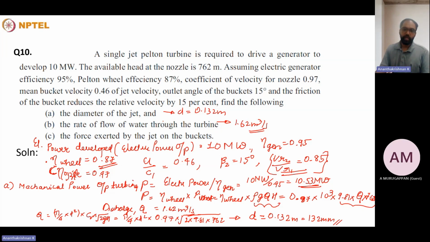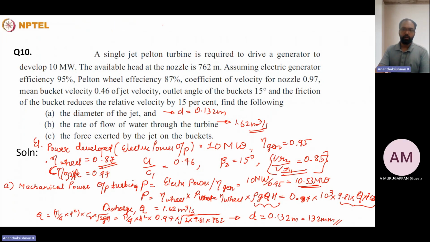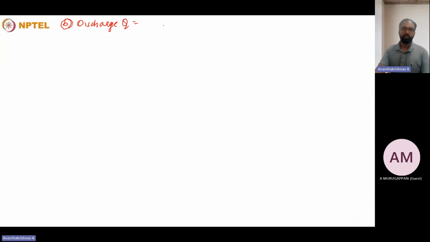For that, we need to draw the velocity triangles at the inlet and the exit, and that will give us an idea. So the second problem was the discharge. Discharge Q value is equal to 1.62 meter cube per second. We have already calculated it.